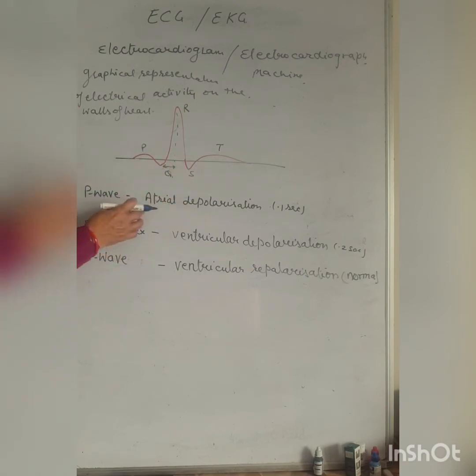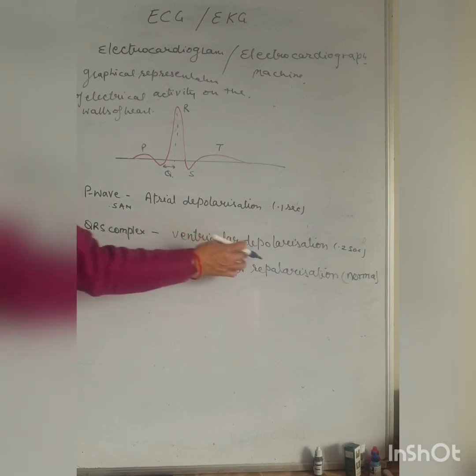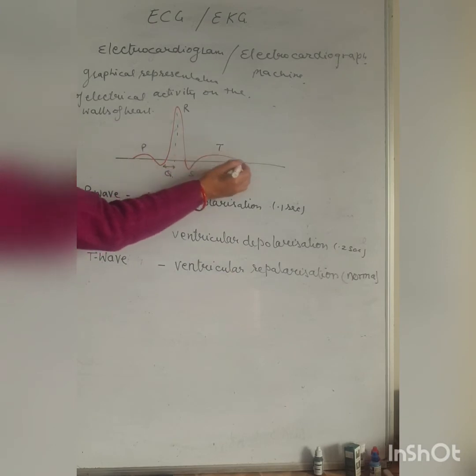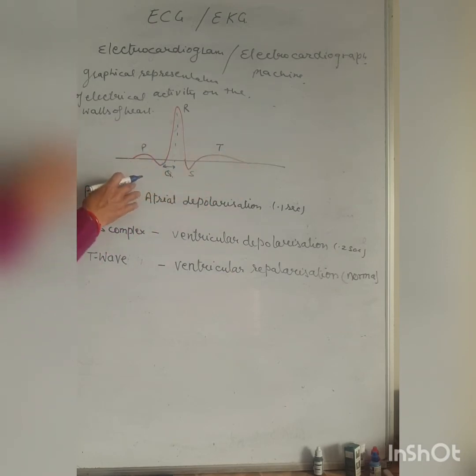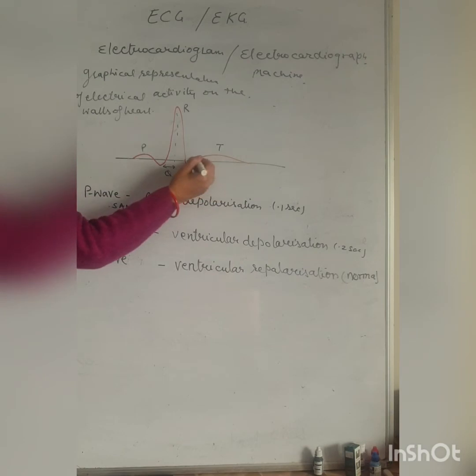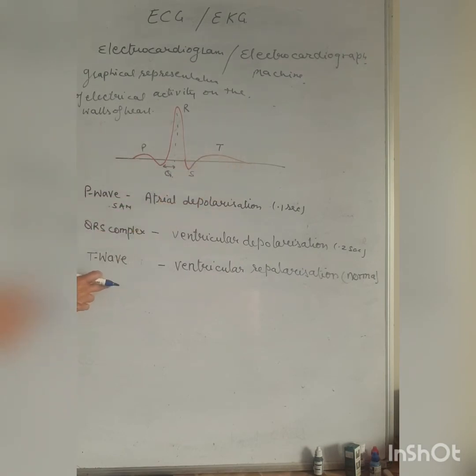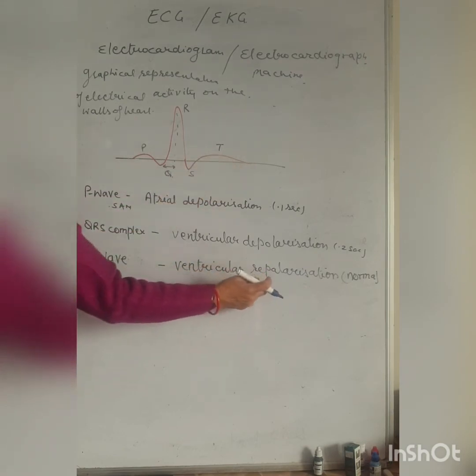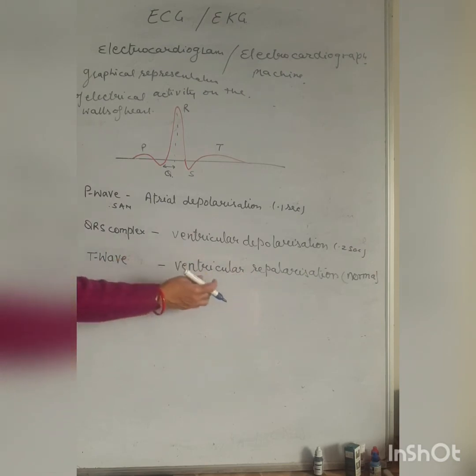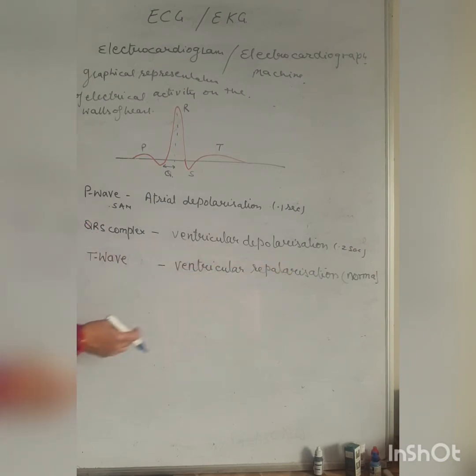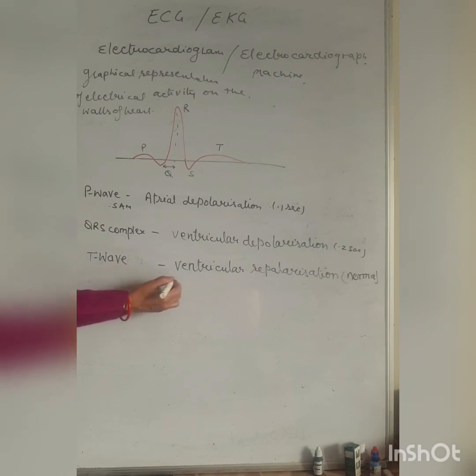So the P wave is atrial depolarization, the QRS complex is ventricular depolarization, and then the T wave. The T wave is dome shaped, indicating ventricular repolarization. It means the ventricle returns to its normal position in a relaxed condition. So the ventricles relax, and it lasts for 0.4 seconds.